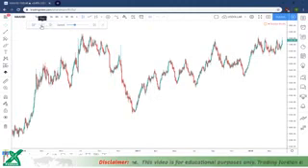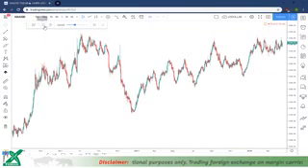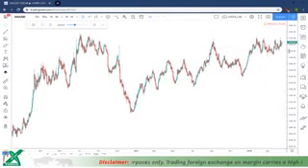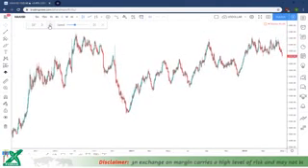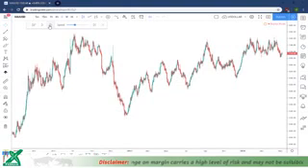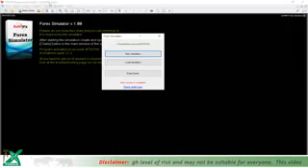After that we can play it, and it will automatically play the candles. You can see the candles are moving. Or you can simply click on this, which will forward the candles. So this is a simple way to backtest using TradingView. I will close this as well, we don't need it.